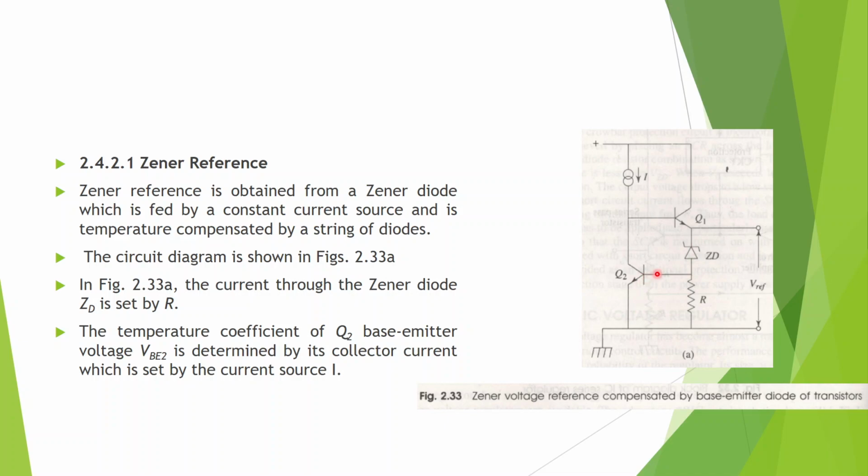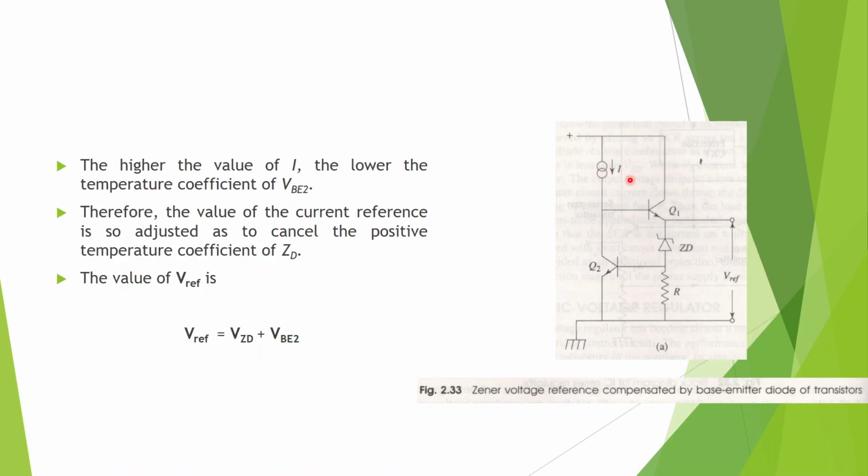Now, the base emitter of this transistor Q2 is a diode, as a Zener diode is, and the temperature coefficient of this transistor is set by the constant current I. Now, when the value of this I increases, the temperature coefficient of VBE goes down.